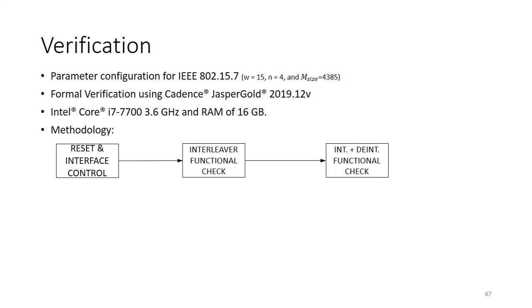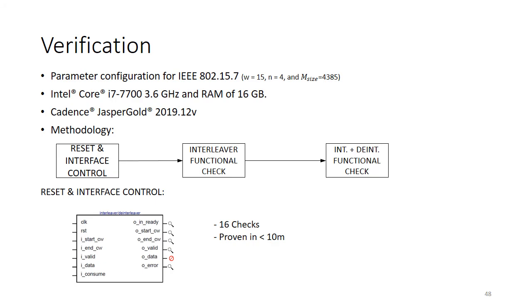Our verification methodology has 3 steps: reset and interface control, interleaver functional check, and interleaver plus deinterleaver functional check. Reset and interface control aims to check if control outputs are working as expected. 16 checks were created for that, and they are proven easily in less than 10 minutes.